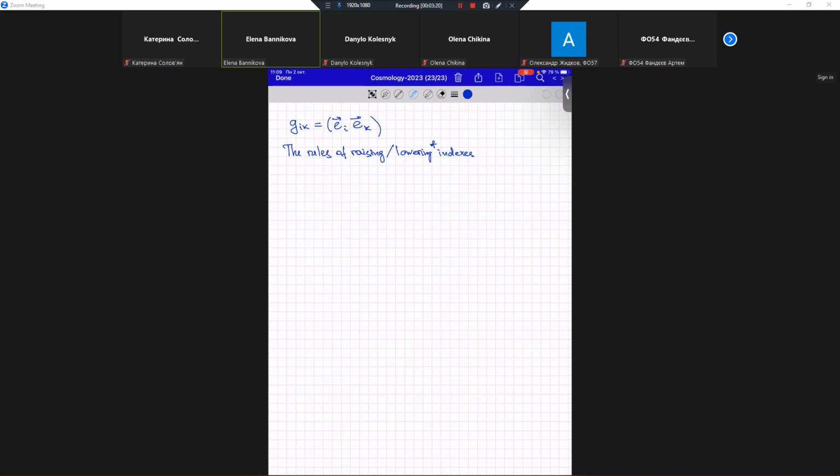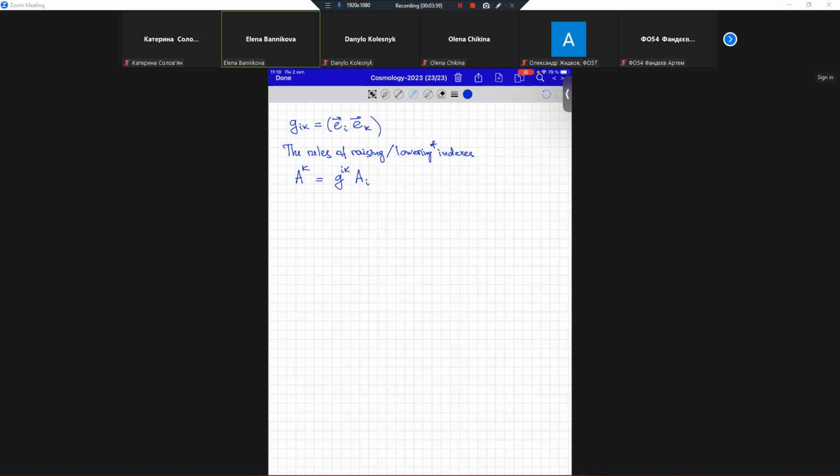For example, if we have tensor A with index i below, and I multiply by the metric tensor g^ik, i is the summation index. In the left part we will obtain A^k.